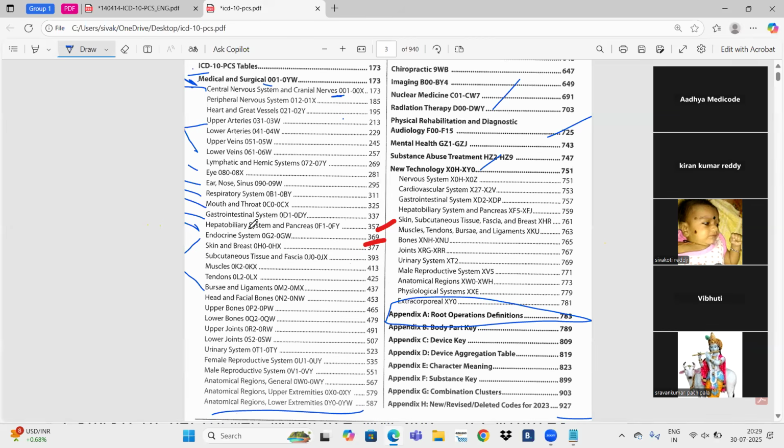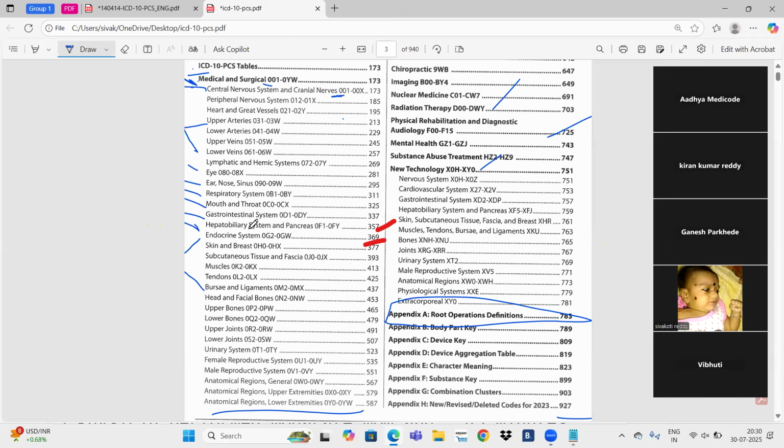Clear? So see, if they did a procedure at skin level, what is the body system? H. Muscle level?